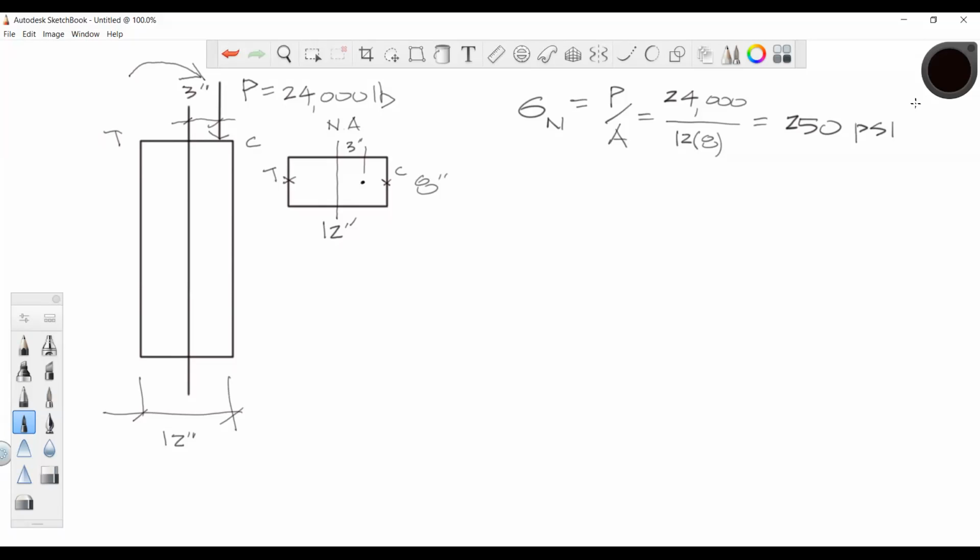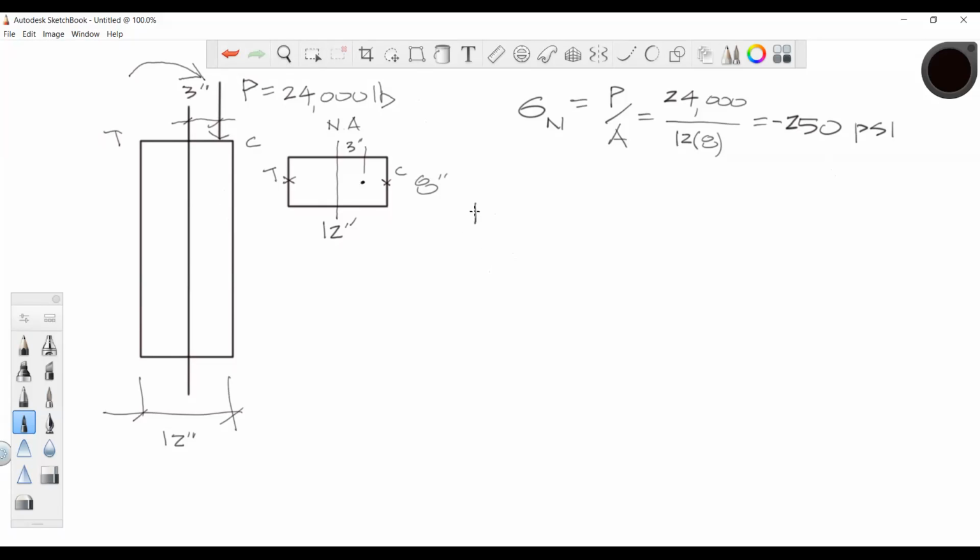Yes, that's what I got. Is it a compressive stress or a tensile stress? The force is pushing right down on that column, so it's compression. We consider this a negative stress because we consider compression negative.